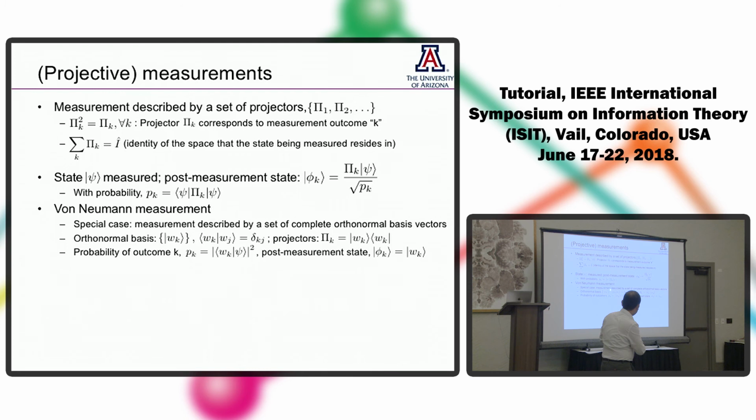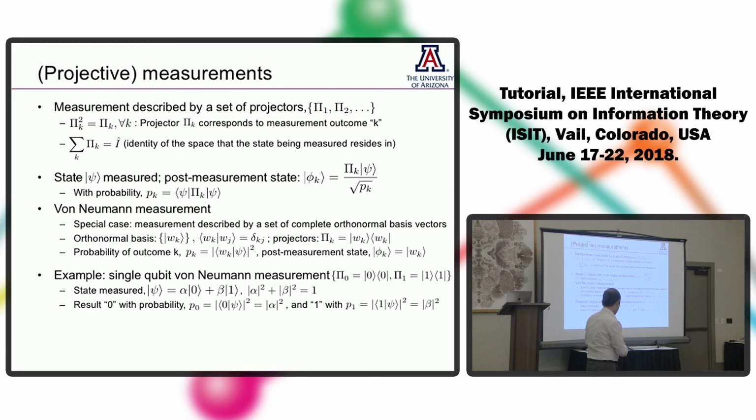These are orthonormal bases, so <w_k|w_j> is delta_kj, and we write projectors as |w_k><w_k|. Now if I make a projective measurement with this set of projectors on my state psi, my post-measurement state will simply be |w_k>, because I'll be projecting psi onto |w_k><w_k|. And my probability of getting that outcome will be the magnitude square of the inner product of psi and w_k.